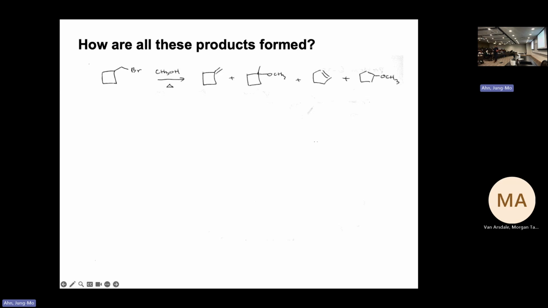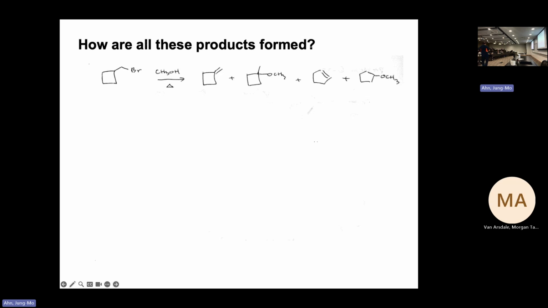But we're not going to have an SN2 reaction with this, because the reagent we see is methanol. That's a neutral alcohol. Oxygen has lone pairs, but when oxygen is neutral, these lone pairs are not nucleophilic, and not basic either.